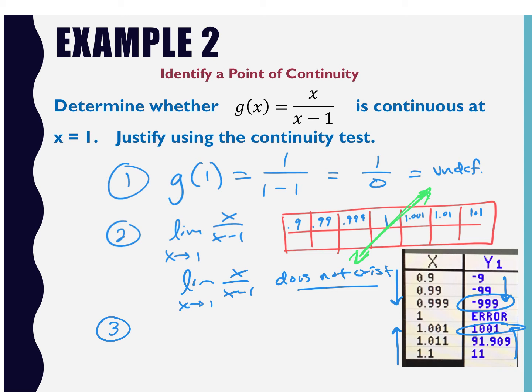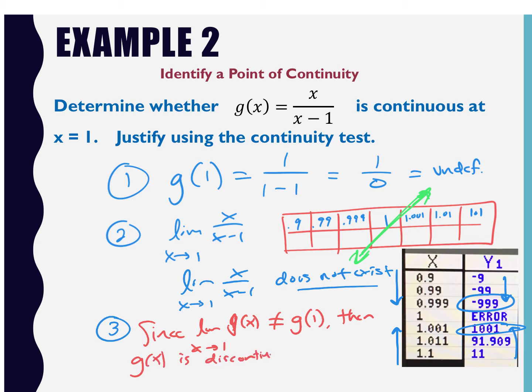So then step 3: undefined and does not exist don't communicate with one another. So what we'd say is that since the limit as x approaches 1 of g of x does not equal g of 1, g of x is discontinuous, and we tell the type.